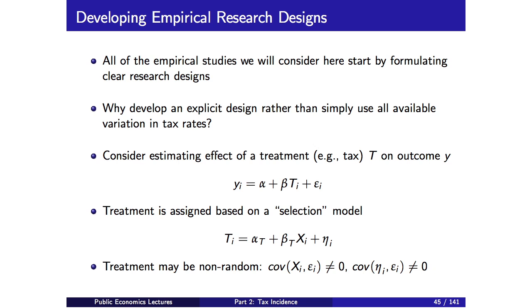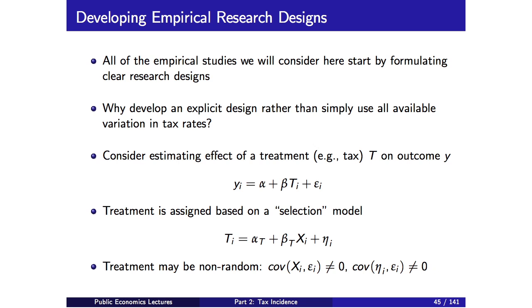I'm going to call it a selection model, where the treatment is a function of some set of covariates. For instance, maybe demographic characteristics, maybe people with kids face higher or lower tax rates, et cetera. So there's some vector X and some set of coefficients on that, beta T, which determine whether you get treatment or not. And then there's some unobserved noise that determines whether you get the treatment or not.